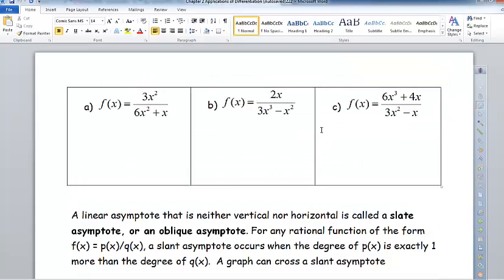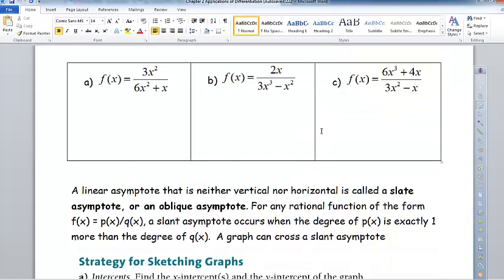Let's go back. I didn't put here in the notes, find that slant asymptote, but we do need to know that. So basically what we're going to have to do to get the slant asymptote is something I'm sure you're going to love, and that is long division. Yes, long division.